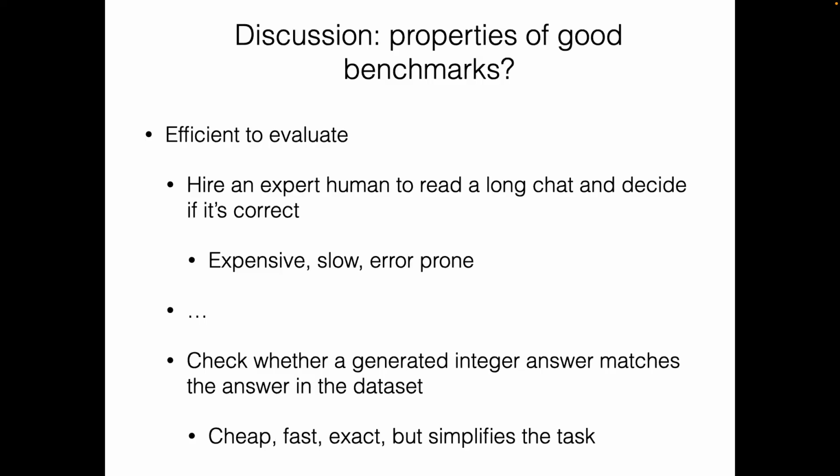Well, then this is pretty expensive because you have to hire the expert human. It's also expensive for the human in the sense that they have to spend a lot of time, so it could be slow. And it could also be error prone or subjective, depending on the task.